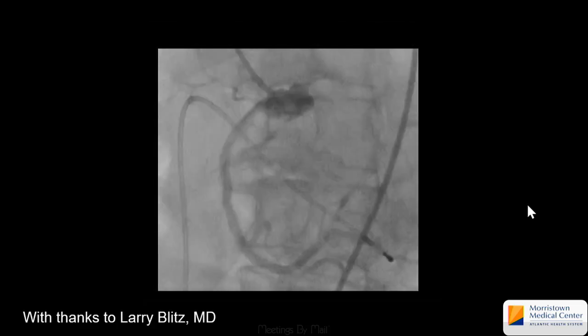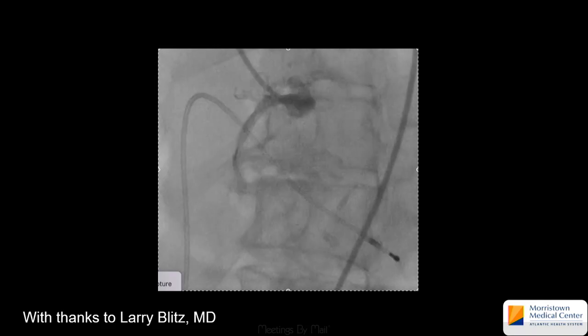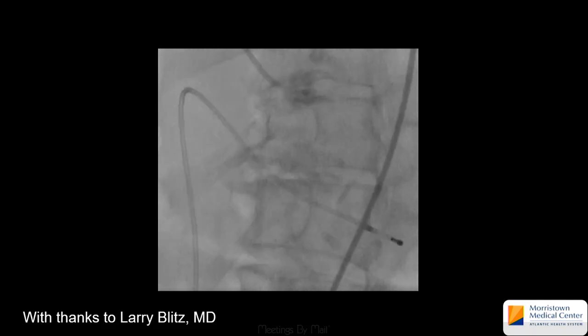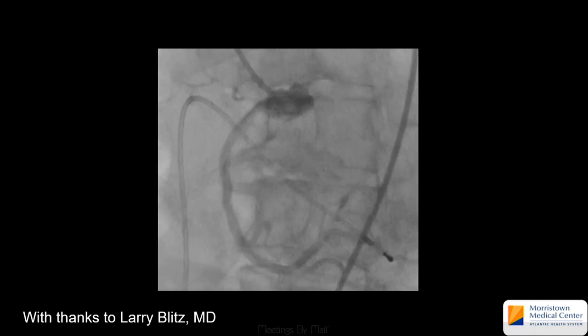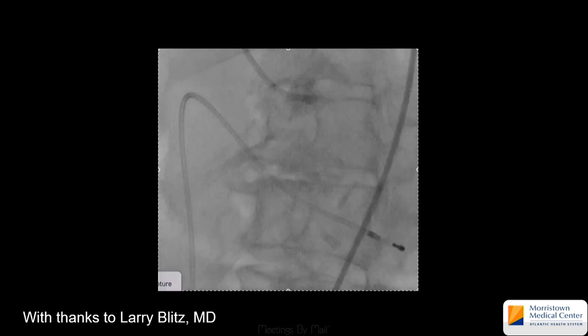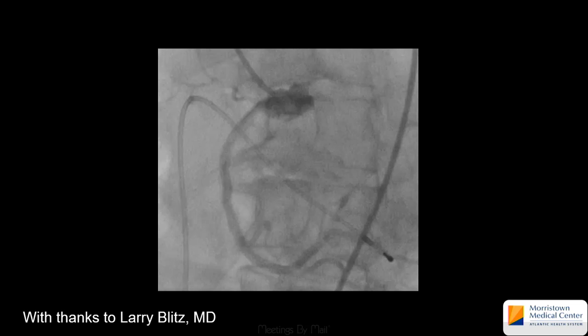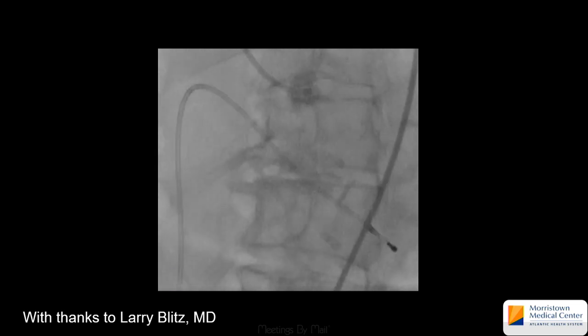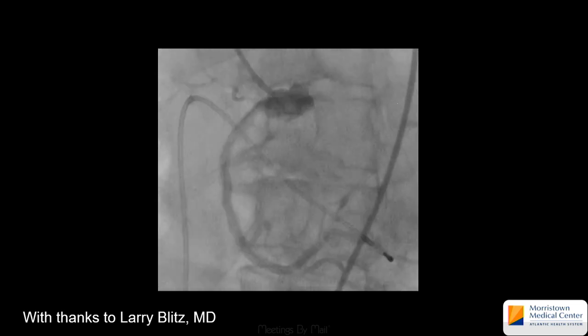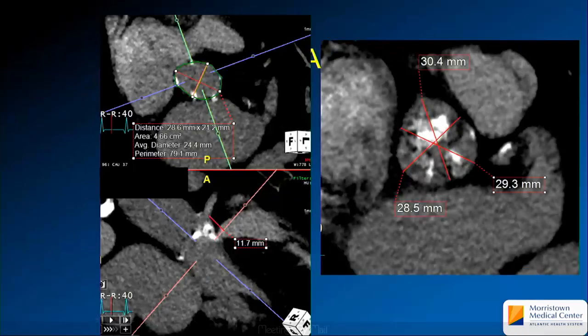Clearly, the patient was doing poorly at this point, so the valve was taken out, and immediately there was restoration of flow, which argues again that the problem wasn't embolic debris that plugged it. Pulling the valve out wouldn't have had any impact, but it was really the impact of the frame, in this case, at the sinus of Valsalva level.